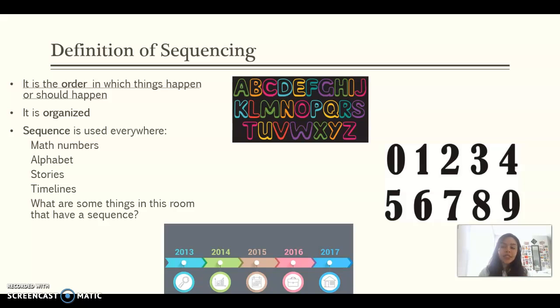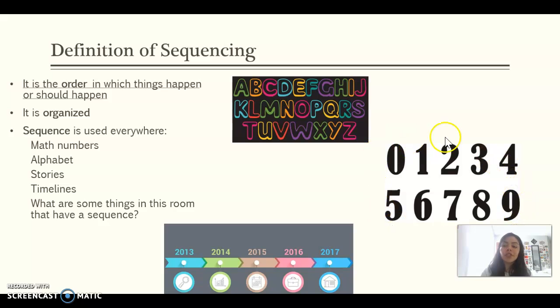The reason why we learn sequencing is because you see it everywhere. We see it in math numbers, alphabet, story, timelines. And I would show them these pictures one by one. I'd probably make a whole PowerPoint just on the definition of sequencing, but I would show them, like, the alphabet is in sequence because it is organized.